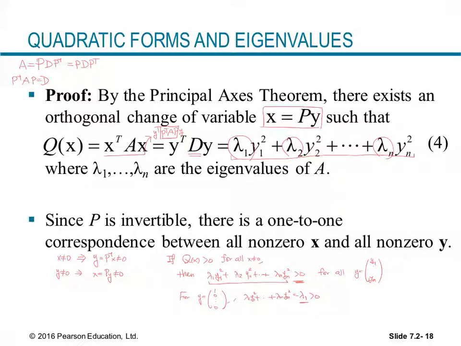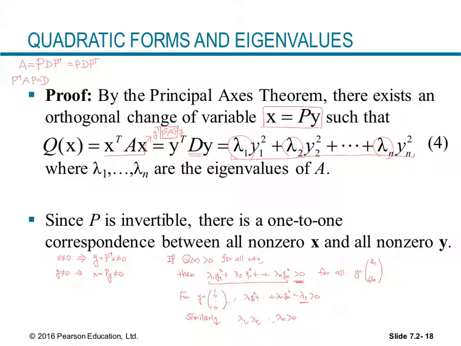If I consider the vector 0 1 0 0 0 as y, then that will imply that lambda 2 is positive. In a similar pattern, if lambda 1 y1 squared plus lambda 2 y2 squared plus up to lambda n yn squared is positive for all non-zero y vector, then lambda 1 up to lambda n will be positive. So similarly, we can show that all these eigenvalues are positive.